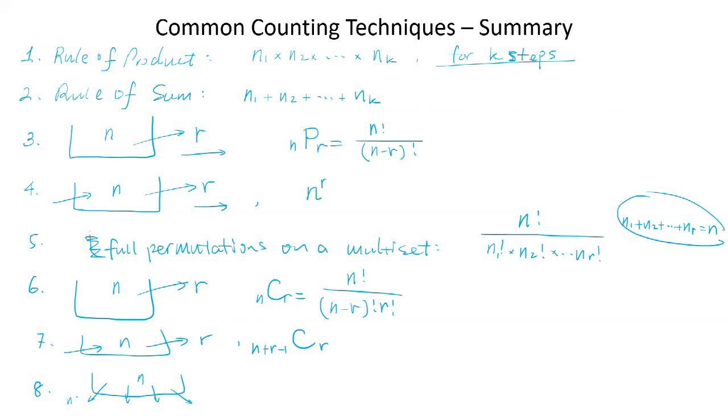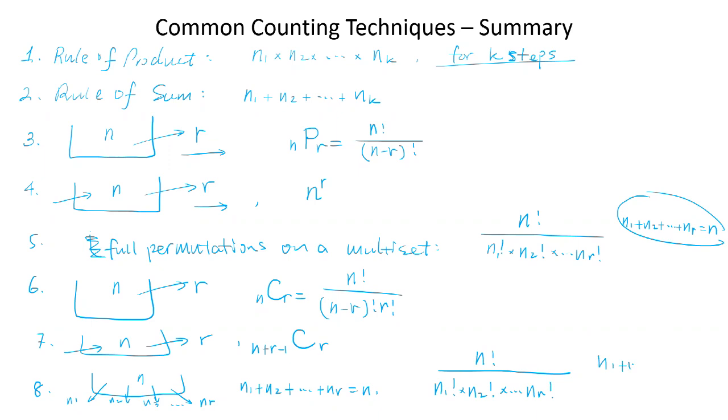So for the small groups, their sizes are n1, n2, n3, up to nr. Note that n1 plus n2 plus up to nr is n. And there are n factorial over n1 factorial times n2 factorial times up to nr factorial ways to complete this task, right?